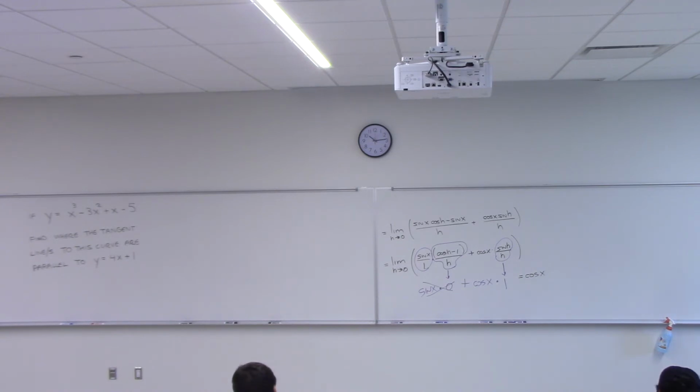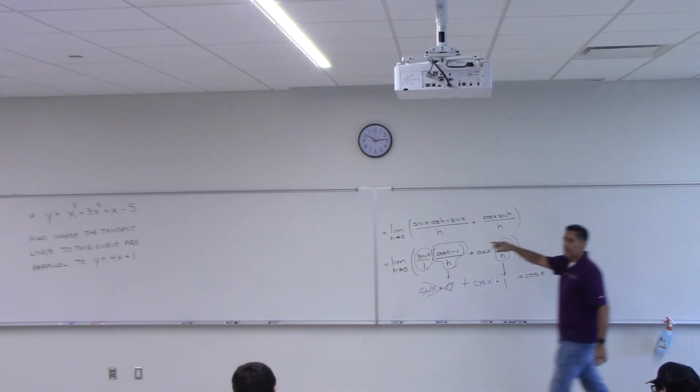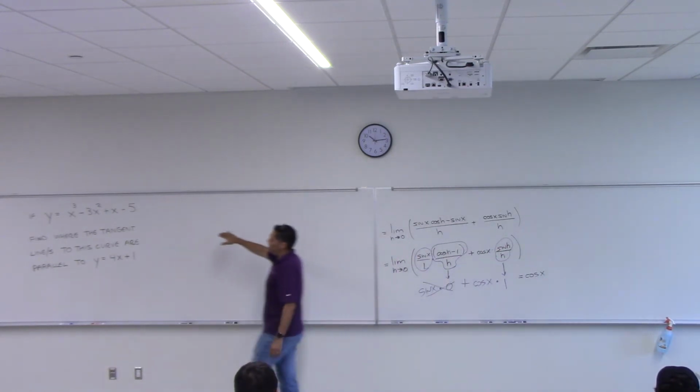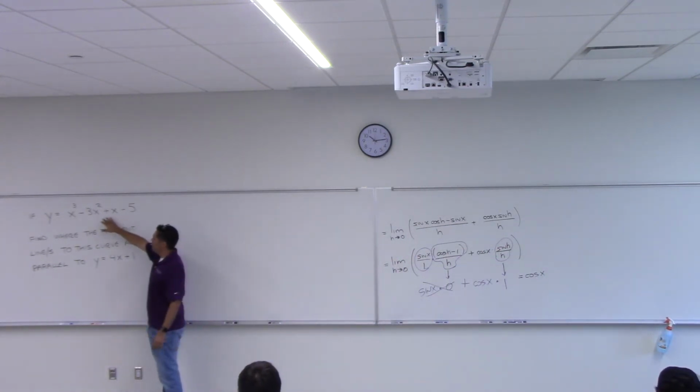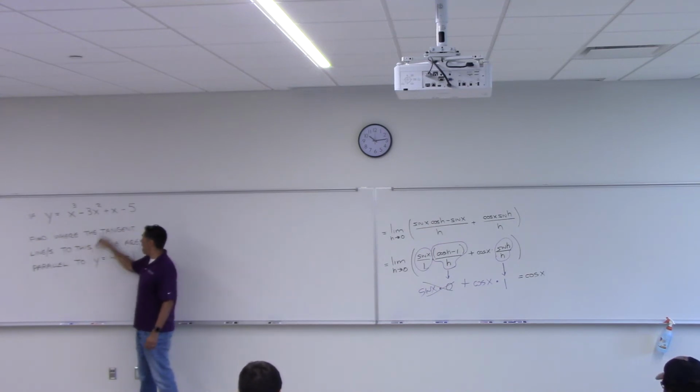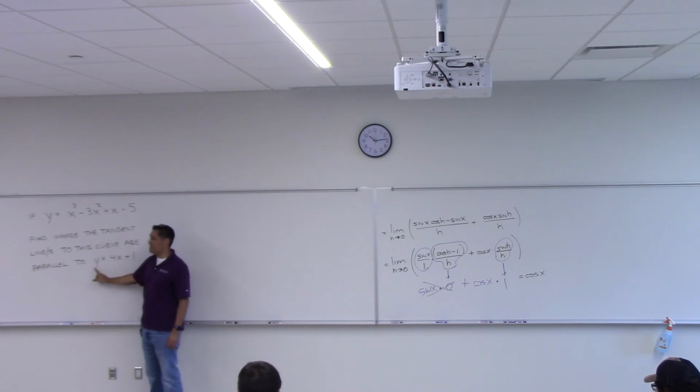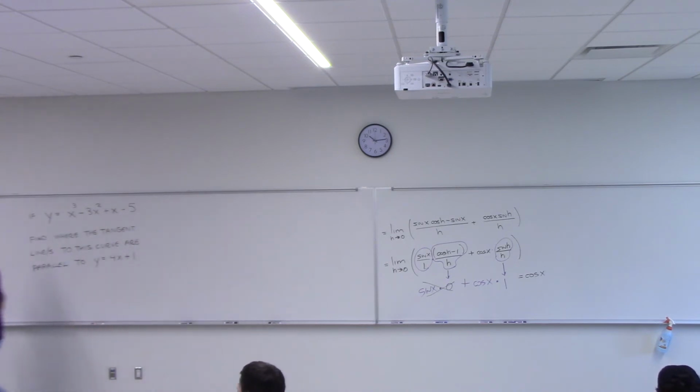So the red curve is the graph I've given you, right? I said if I give you this curve, find where the tangent line or lines to that curve are parallel to this line. In other words, somewhere on my curve, see the slope of this line, I'm trying to find where on this curve my tangent line would be parallel.